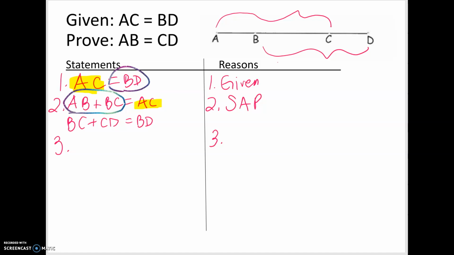If you go straight to setting AB plus BC equal to BC plus CD, you are no longer using the transitive property, you are using substitution. So you're saying, I'm going to take this and plug that in for AC, and I'm going to take this and plug it in for BD. So there's two possible ways to do this proof.